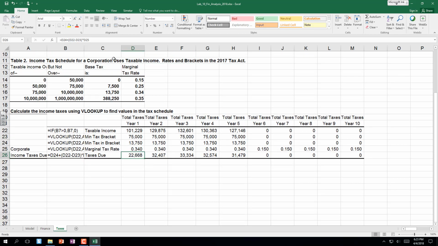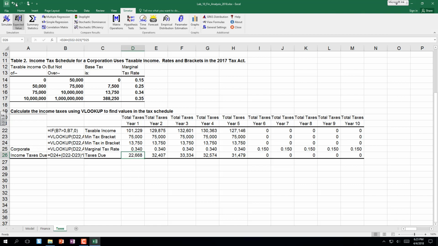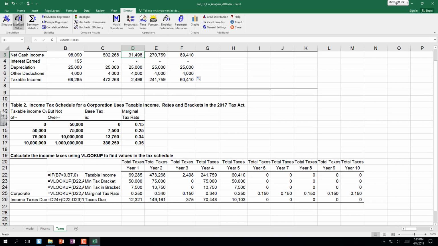Okay? Just for the moment, I'm going to hit save, and I'm going to turn off expected value. I'm going to show you what happens. So, as income changes, our income is stochastic up there, my income taxes change. Okay? Now go back to expected value.